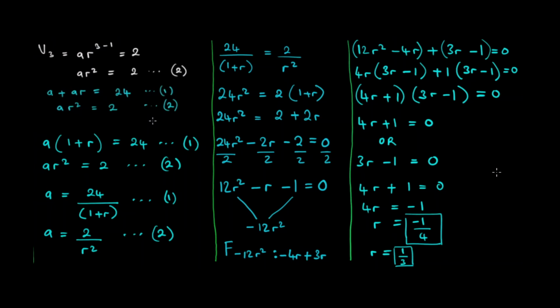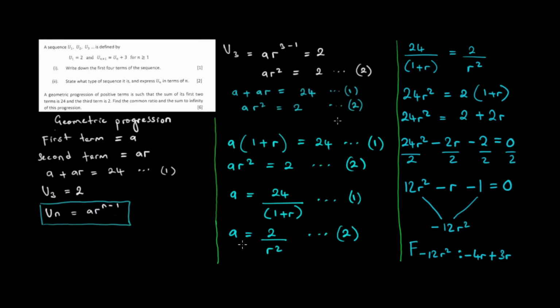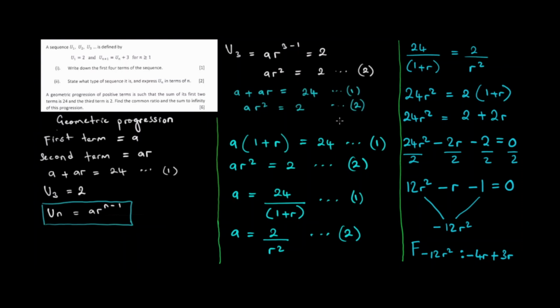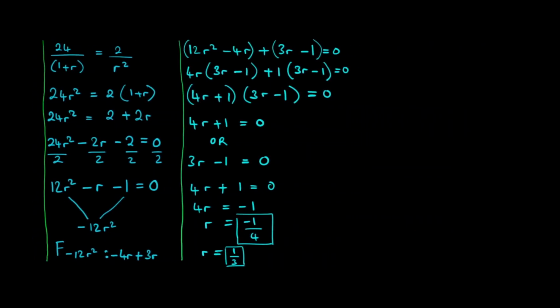So how are we going to decide which one is the true value? To understand which r we are working with, we have to go back to the question. Going back to the question, it says a geometric progression of positive terms. What does it mean when we say a geometric progression of positive terms?